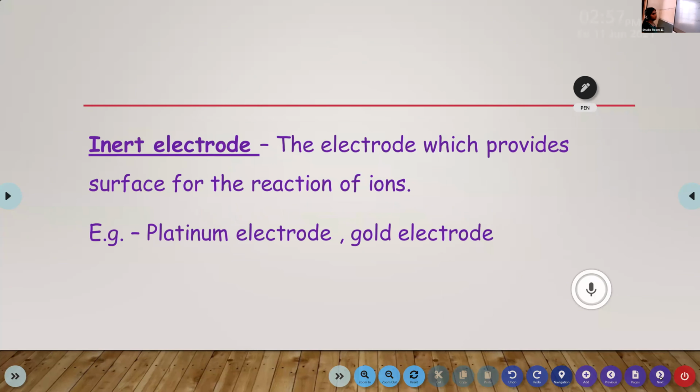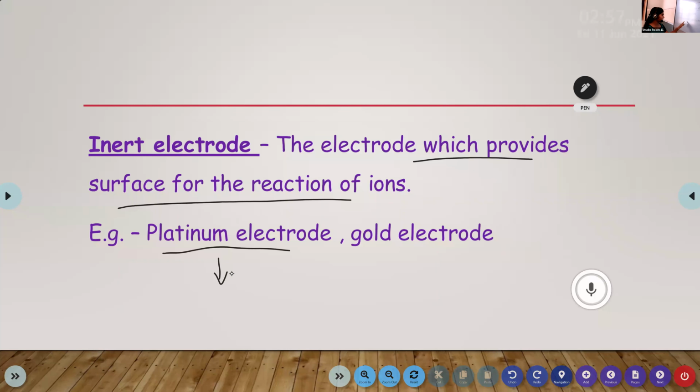Inert electrode. That means the electrode which provides the surface for the reaction of ions. I told you that the platinum electrode acts as a catalyst. It can also act as a surface for the reaction of ions, providing the surface for the reaction of electrochemical cells to take place.